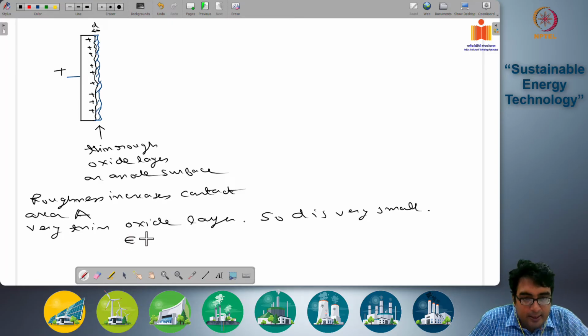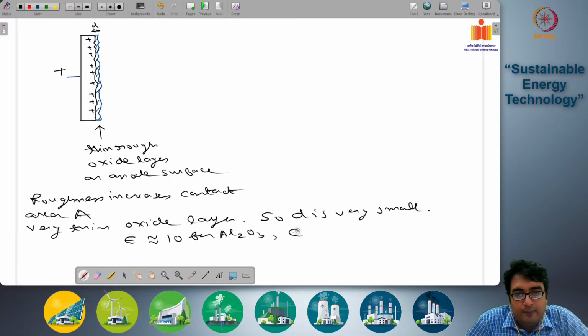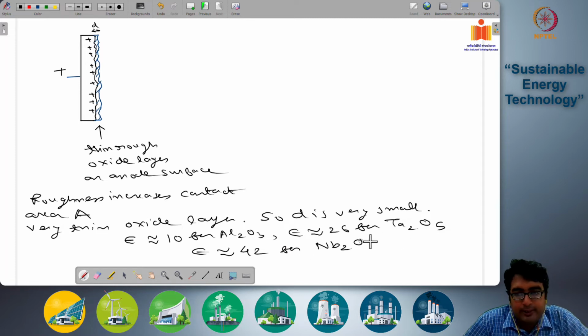So, the value of epsilon is of the order of 10 for alumina, of the order of 26 for tantalum oxide, and of the order of 42 for niobium oxide. Okay, niobium is Nb.